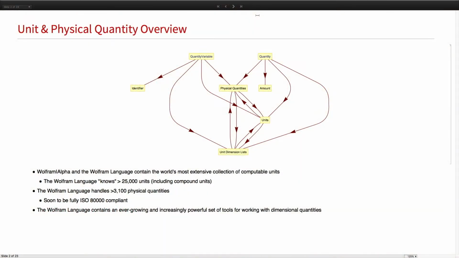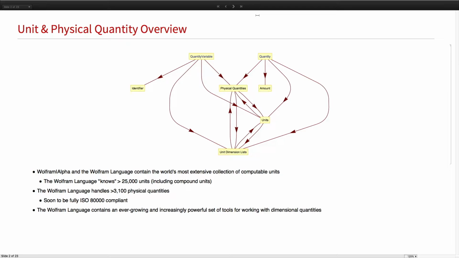All right, so the Wolfram language contains over 25,000 units. That includes things like feet and ohms and moles, as well as compound units like meters per second. And it also handles over 3,000 physical quantities. These are the things that those units are measuring.